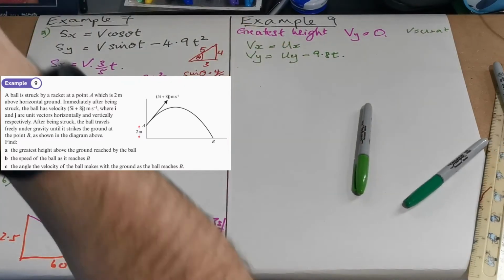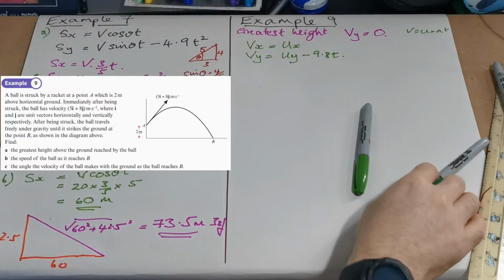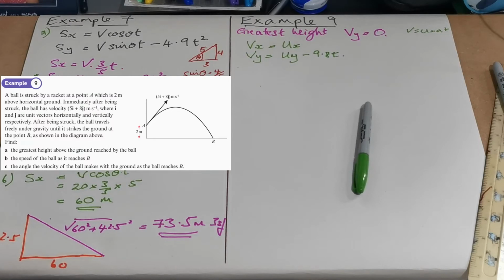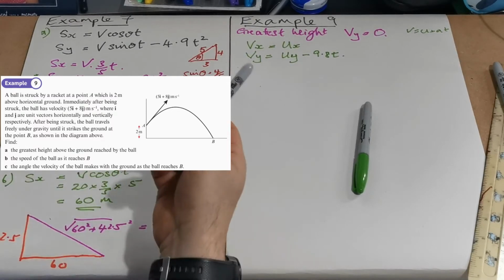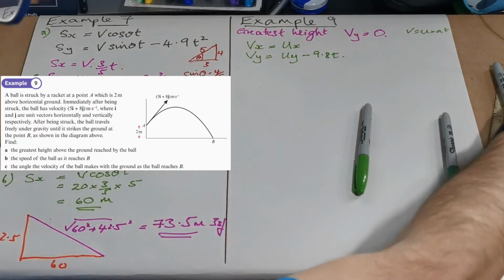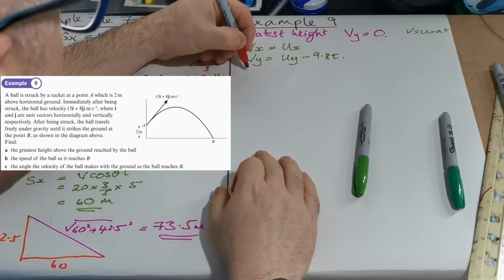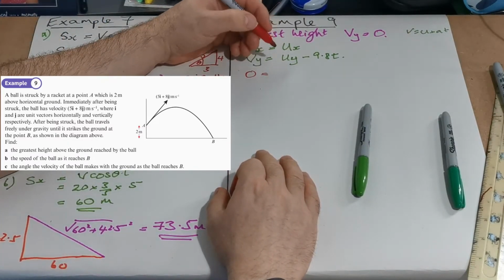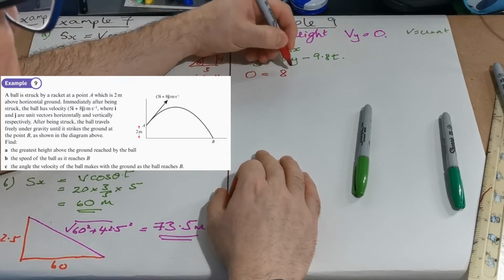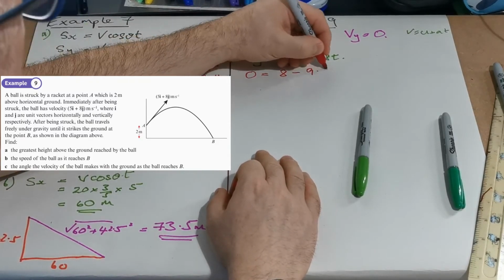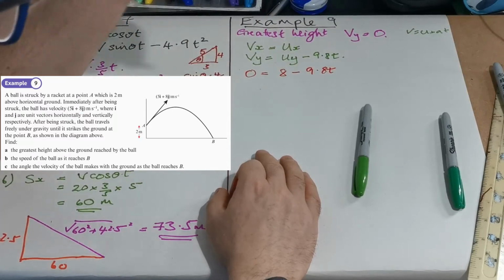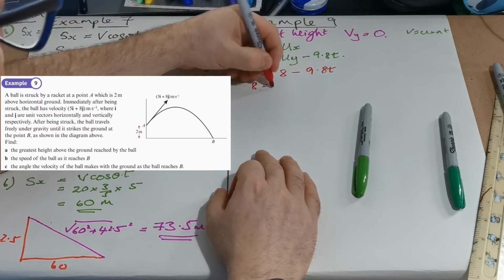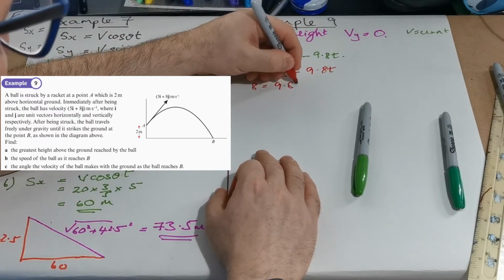minus 9.8t, because acceleration is minus 9.8. So we need the time when this equals 0. So I've got 0, and if I look for uy, that's in the vector there, that is 8, minus 9.8t. So 8 is equal to 9.8t.